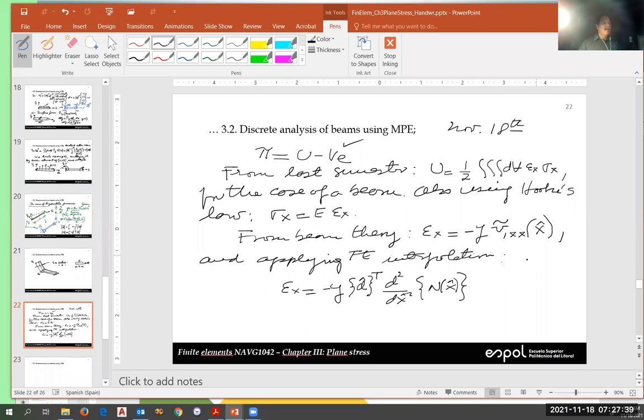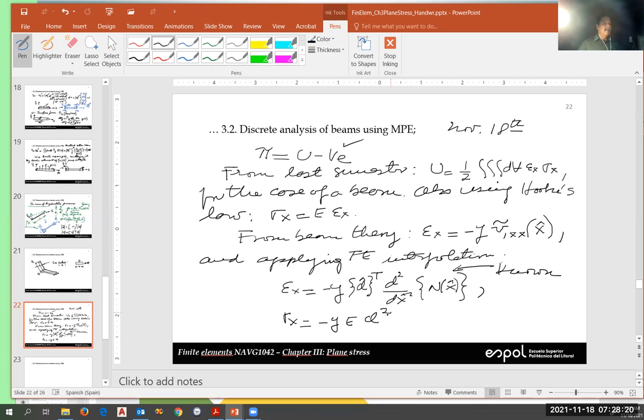This vector n is completely known. This is something that we try to determine. And if we use Hooke's law, we can calculate sigma x that we're going to replace here. But since this is a scalar, we can switch the order of these two elements. We can say that this is equal to minus y E, and we can take these two transpose.